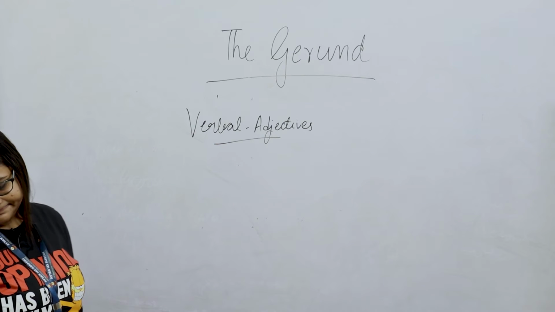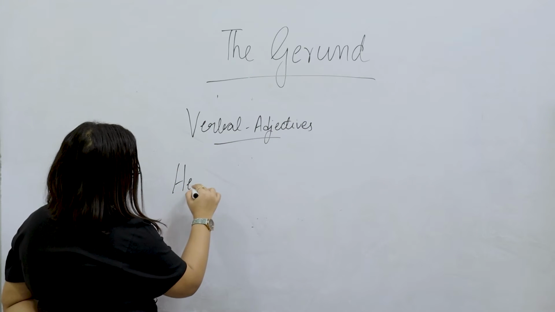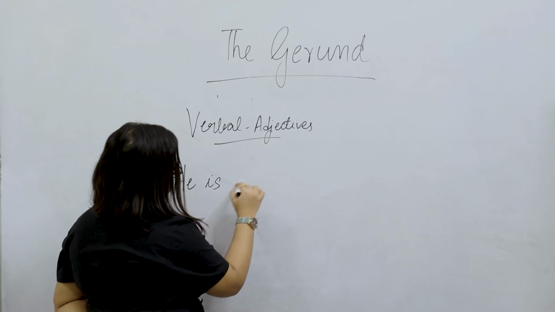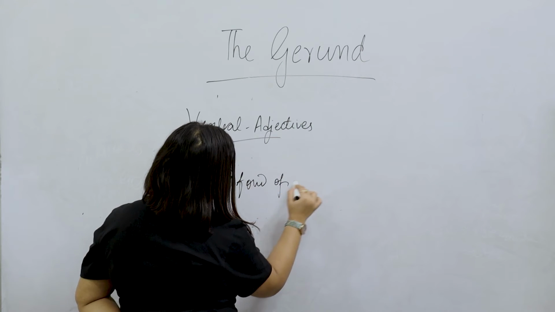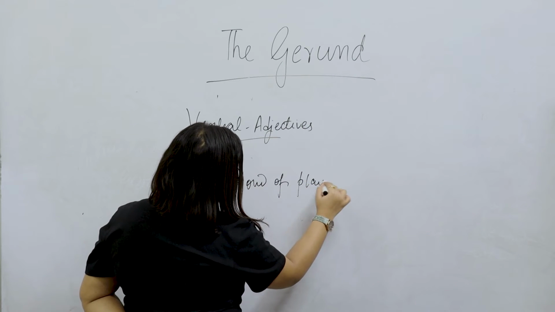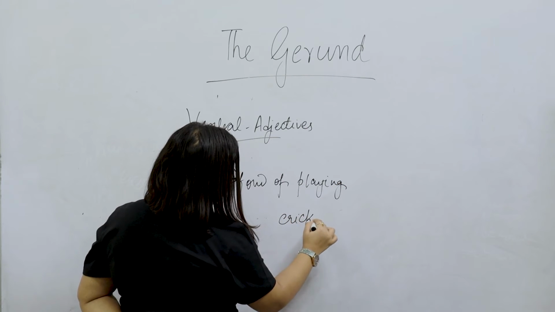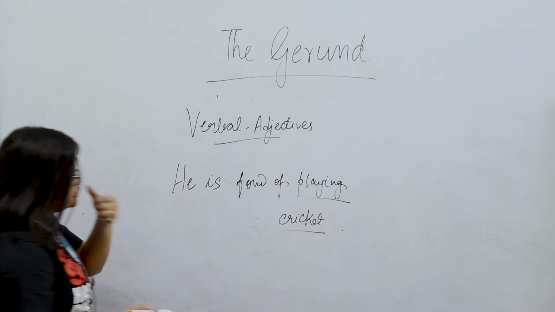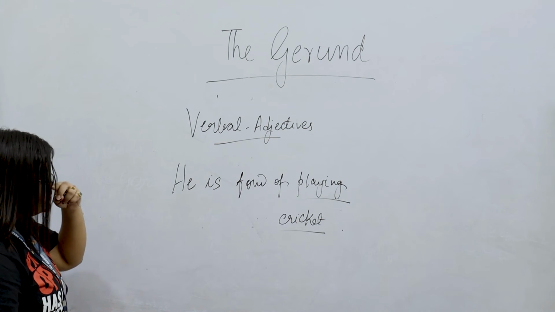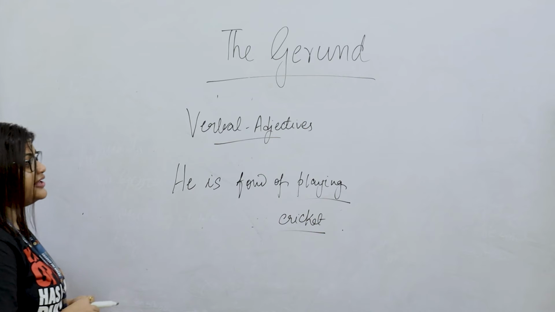That would be like, he is fond of playing cricket. So of course this is a gerund at the same time, but we are using the verbs. He is fond of playing cricket.